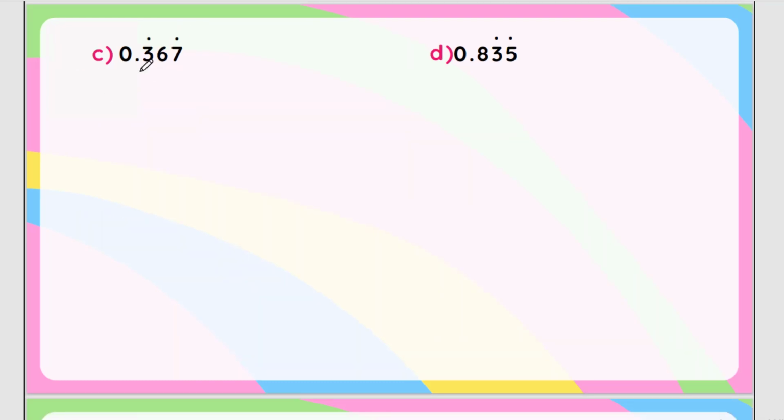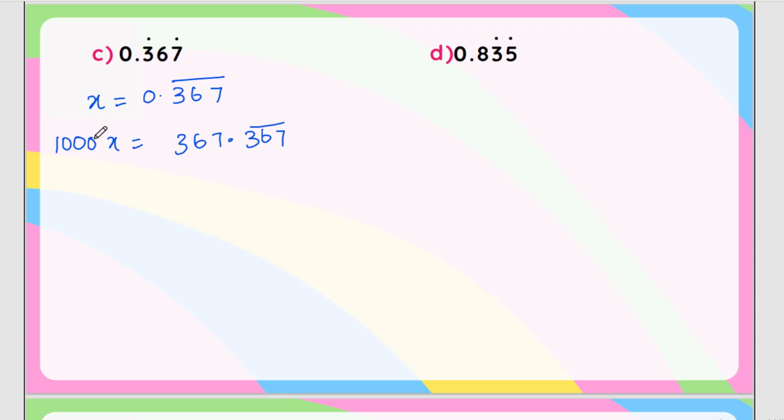Now it's a similar sum, but it has 3 digits. So x equal to 0.367 bar. Here 3 digits are repeating. So I should multiply with 1000. Then only I can bring this set of recurring digits before the decimal point. So 1000x equal to 367.367 bar, which means after this you are getting 367 like that.